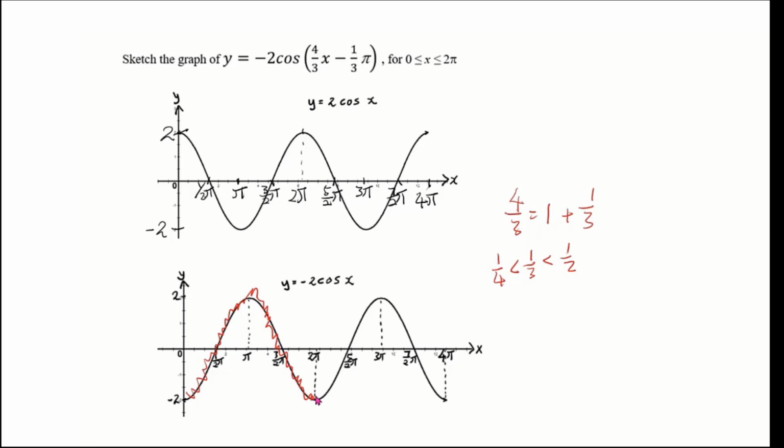So in the second period, from 2 pi up to 5 over 2 pi, it is 1 over 4 period. Then up to 3 pi, it is 1 over 2 period. So 1 over 3 period is somewhere here. So we need another 1 over 3 period up to here.